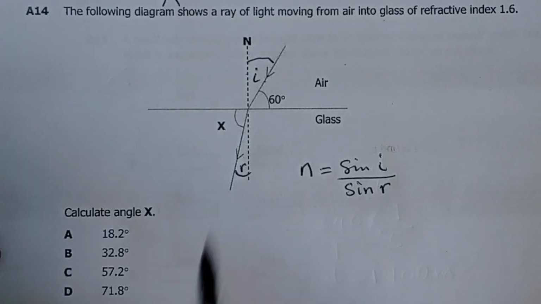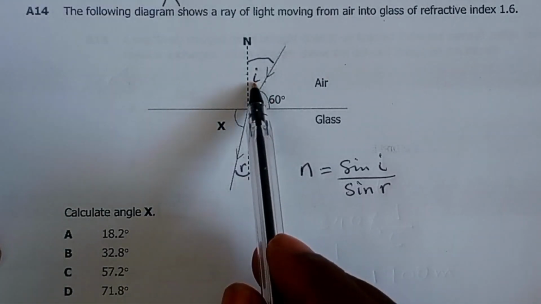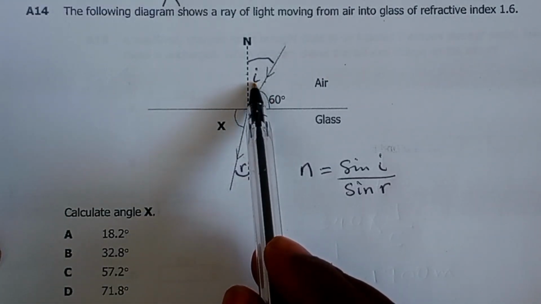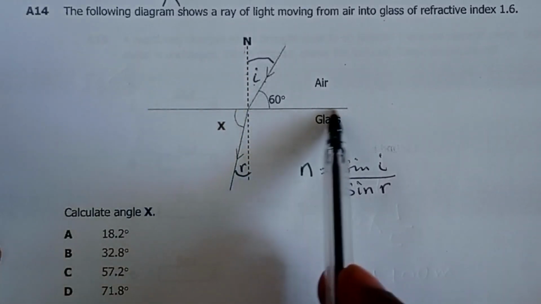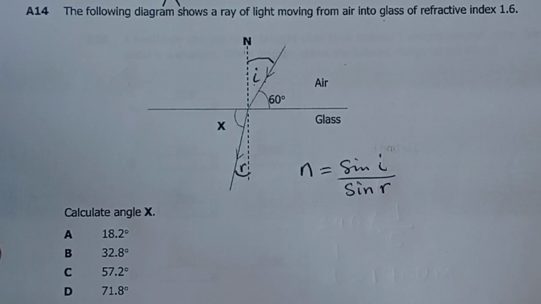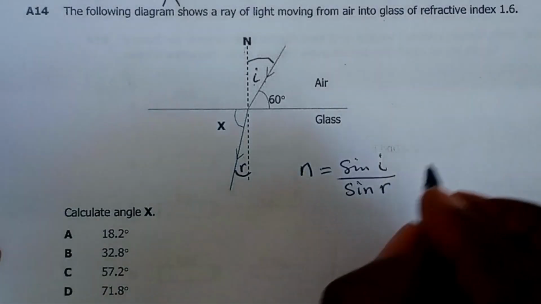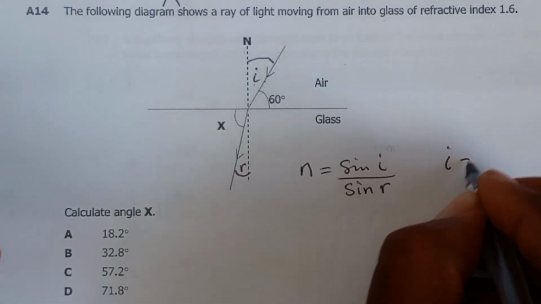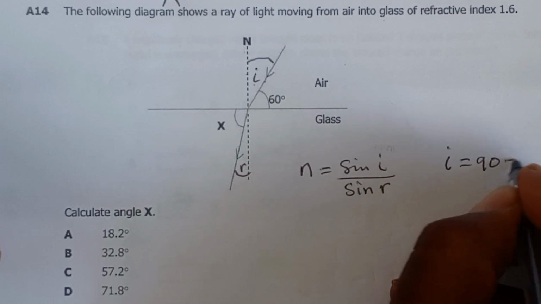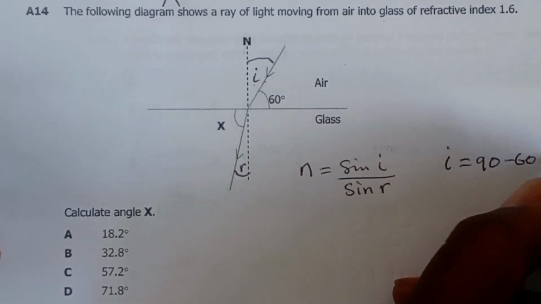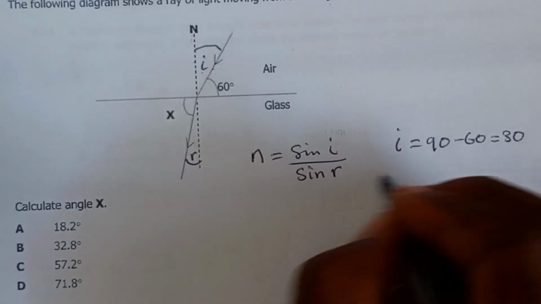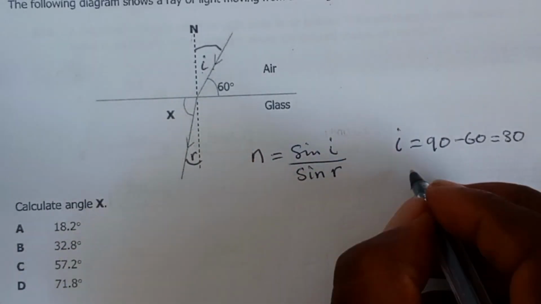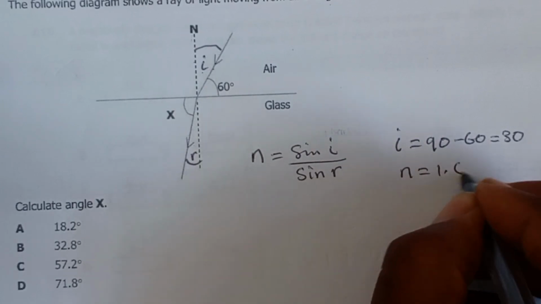But you should understand that this 60 and the angle of incidence, they add up to 90 because the normal is perpendicular to the what? To the boundary there. So in this case, angle I is 90 minus 60, which is 30 degrees. Then we'll say the refractive index is given to be 1.6.